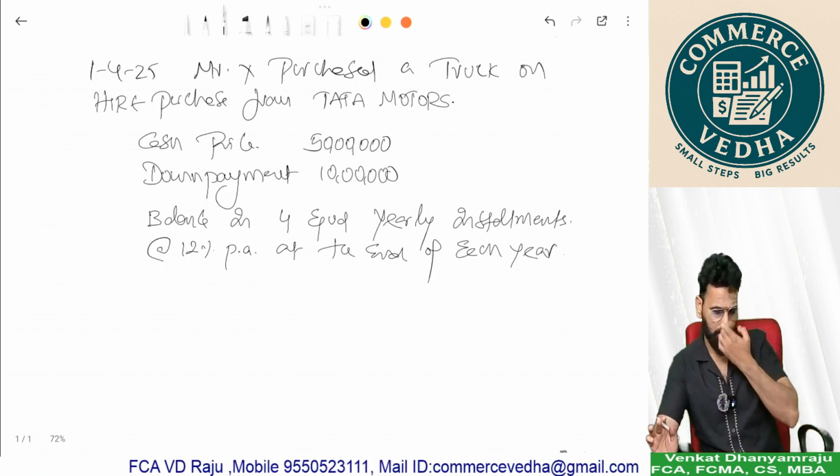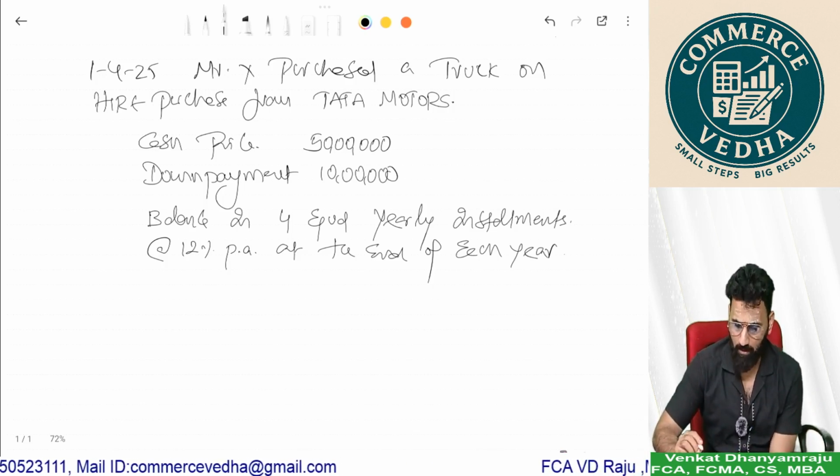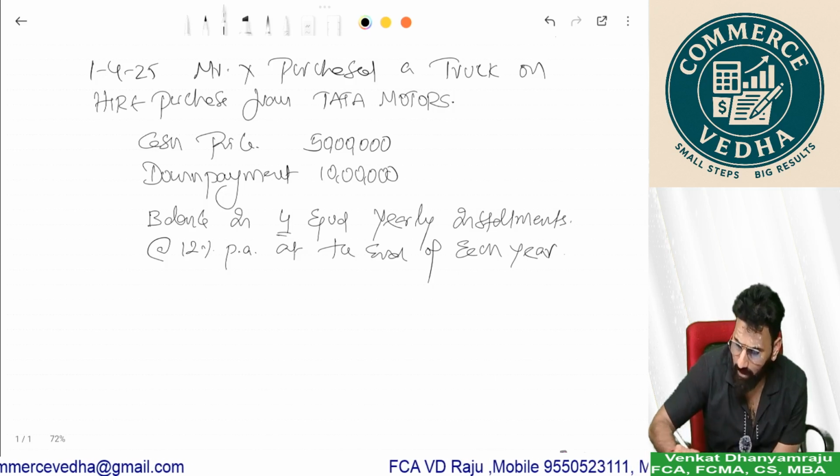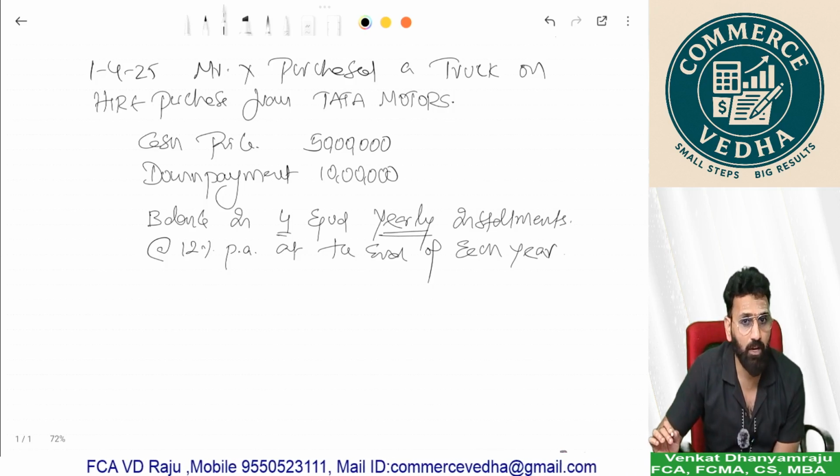So this is the question. We have given cash price, down payment, also told 4 equal yearly installments at 12% per annum at the end of each year.